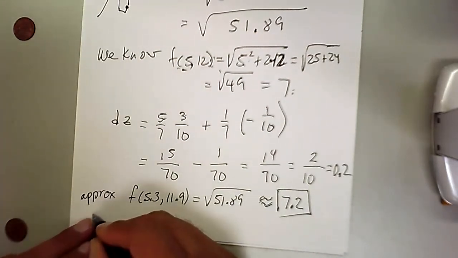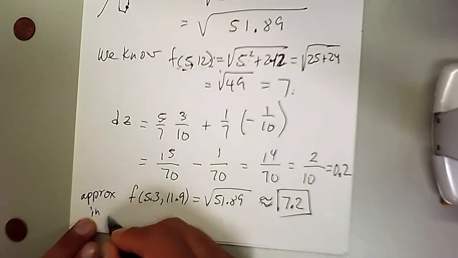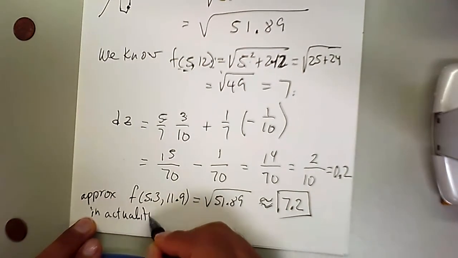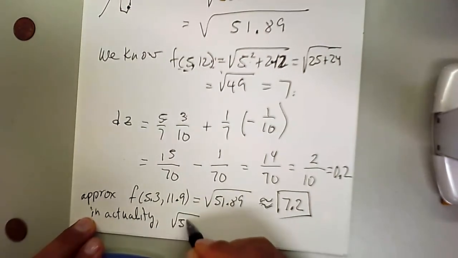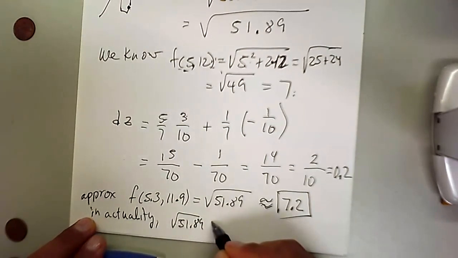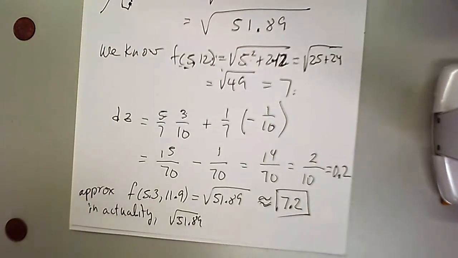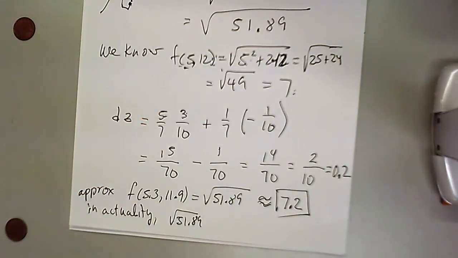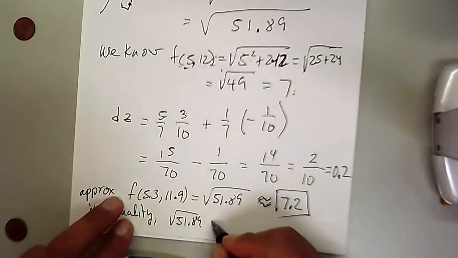But in actuality, the square root of 51.89 is, well, I'm going to obtain an approximation anyway, but it's a closer decimal approximation. Okay, so 51.89. I'm using my calculator. And then square rooted, 7.2. Oh, this is sweet.